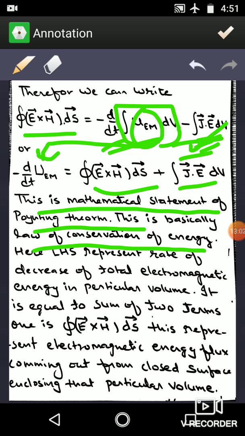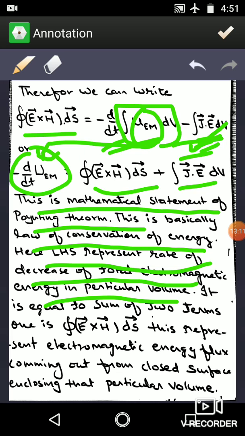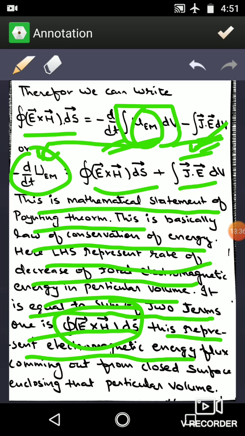Here the left hand side represents the rate of decrease of electromagnetic energy in a particular volume. It is equal to the sum of two terms. One is the surface integration of E cross H. This represents the electromagnetic energy flux coming out from the closed surface enclosing that particular volume.